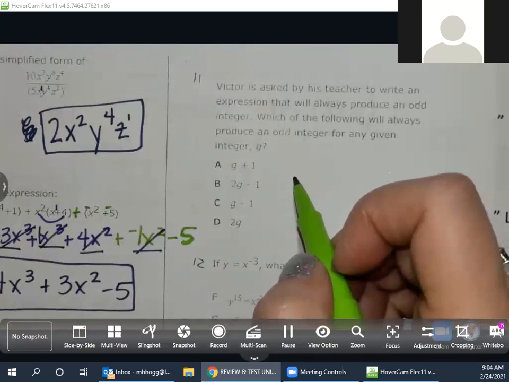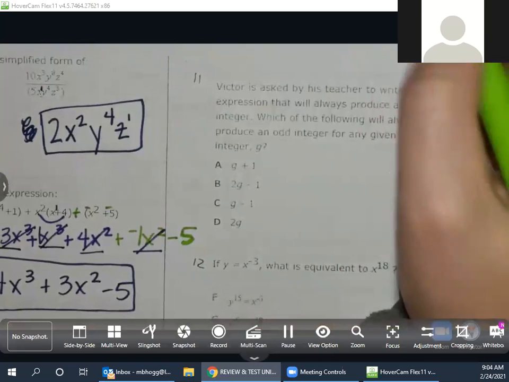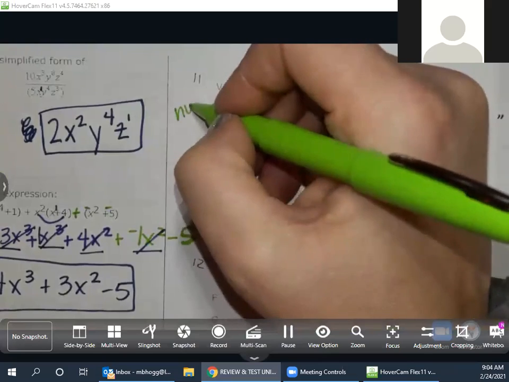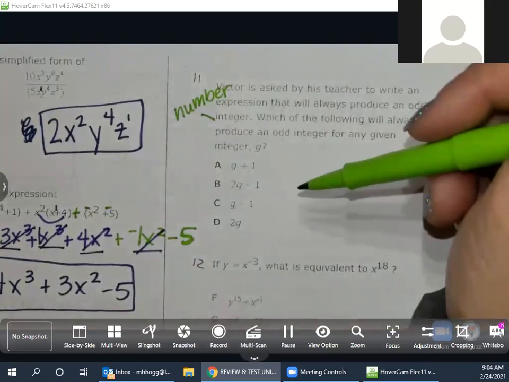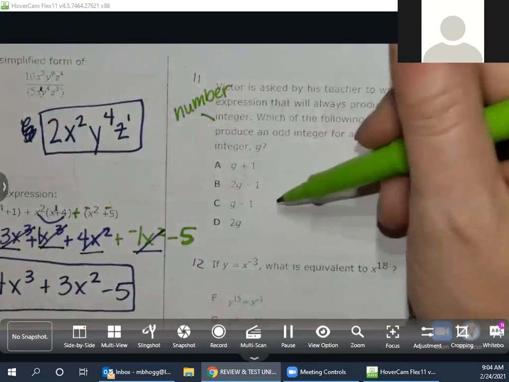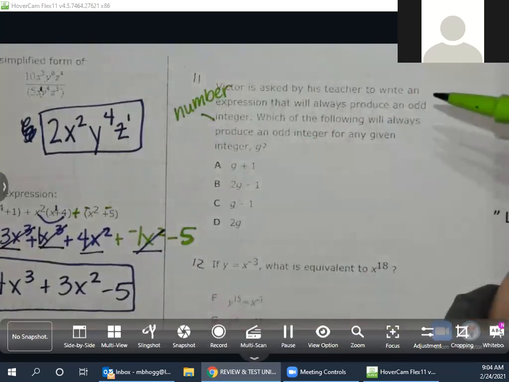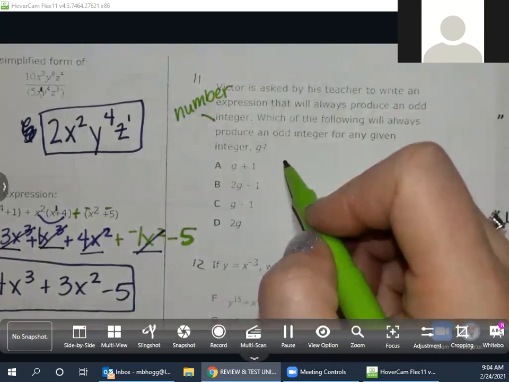An integer is a number. So an integer is another word for a number. So which of these expressions, any number you put in for g, if you followed the expression, you would always get an odd number.